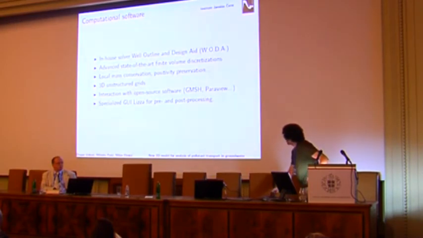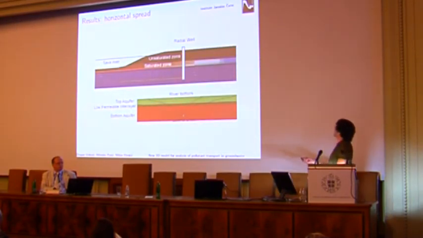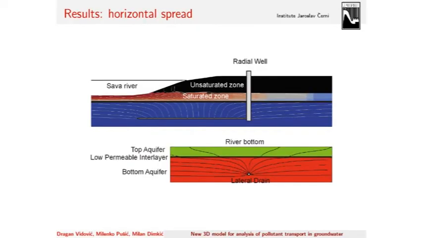So we have built the model that I was telling you about, and these are the results that we have obtained. Here you can see the streamlines, and they tell us that the water has to spread quite a bit in order to pass the low permeable layer here. So we have two effects here.